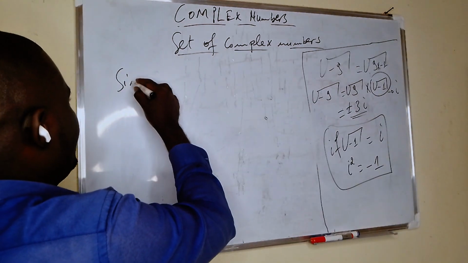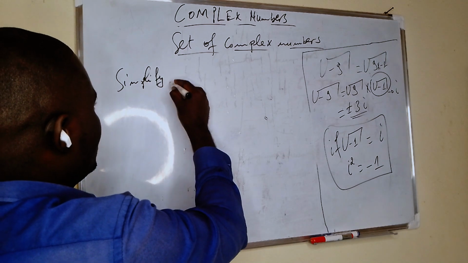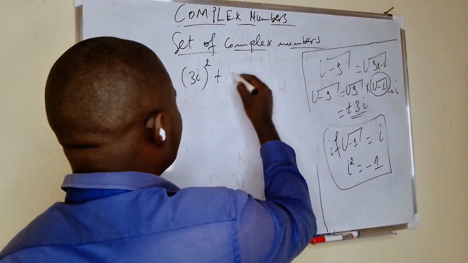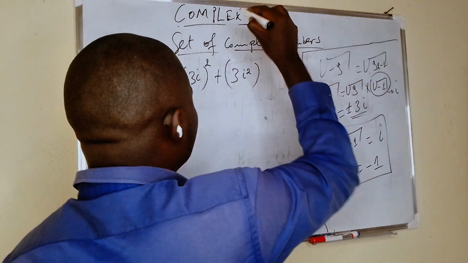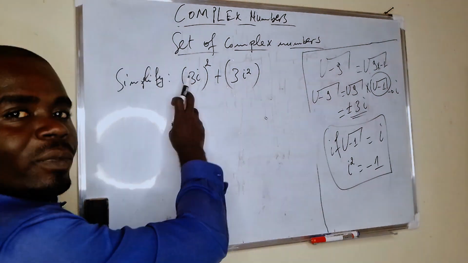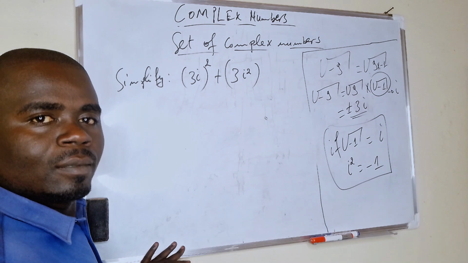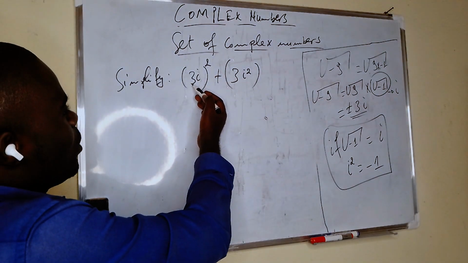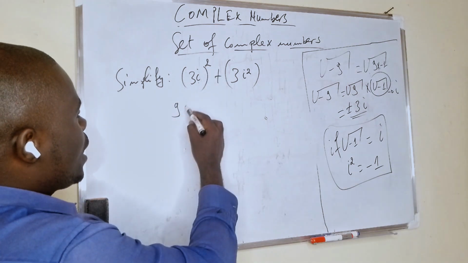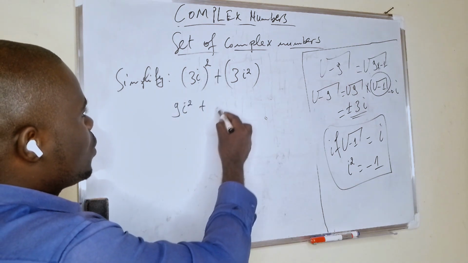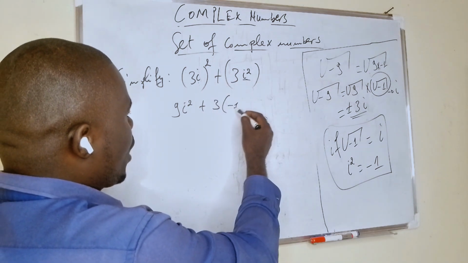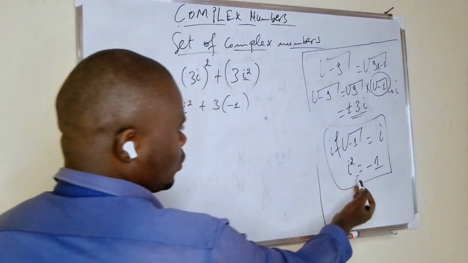Simplify positive 3i squared, like this. This is equal to what? What do you think about this? Okay, automatically we have the square of 3, which is 9, and i squared, and we know that i squared is equal to negative 1.